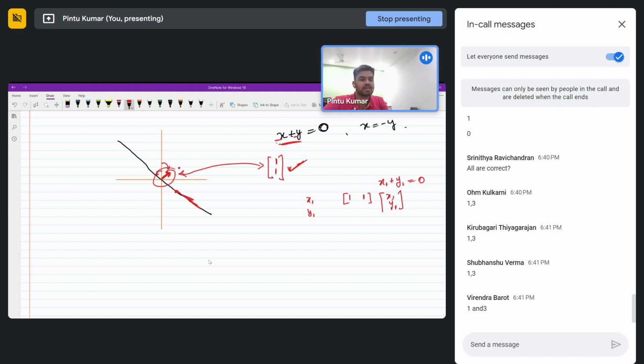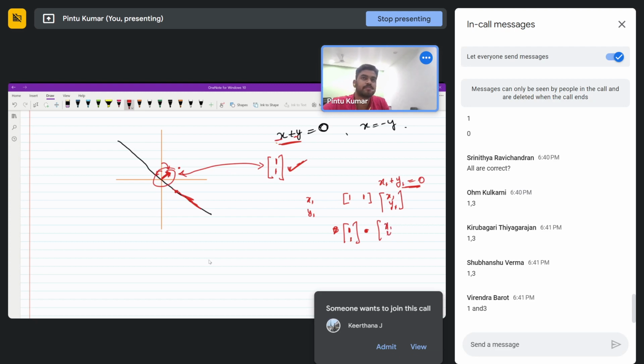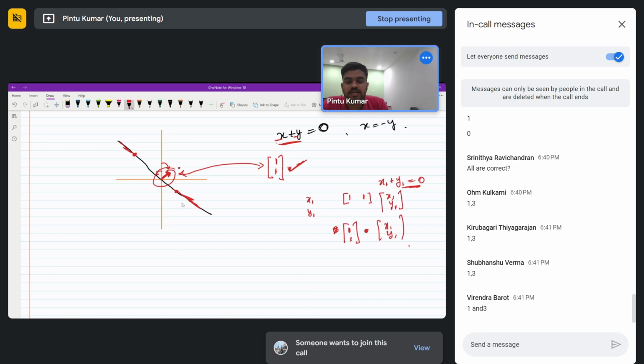If you look at it carefully, what we are doing here is nothing but taking the dot product of 1, 1 with x1, y1, right? So what I mean to say is that for any point on this line, the dot product of this point with this particular vector is always 0.